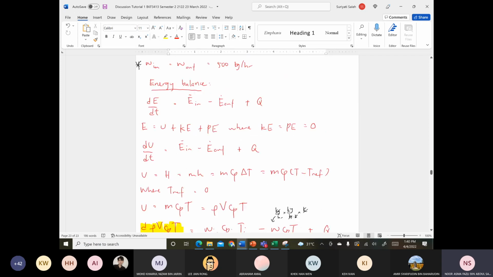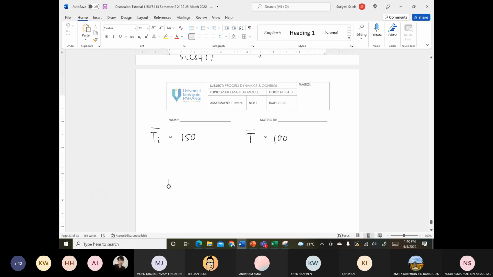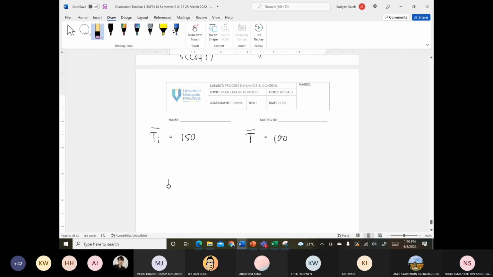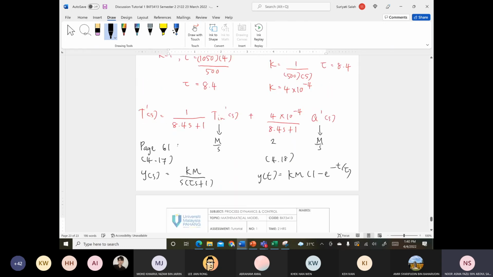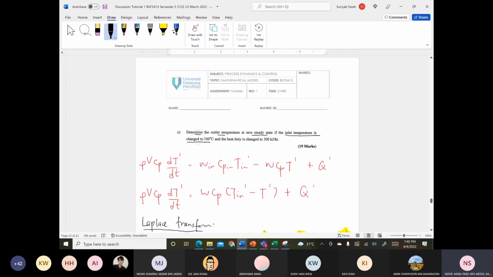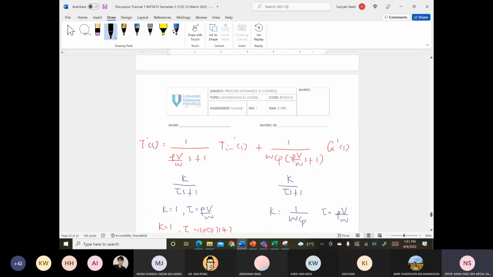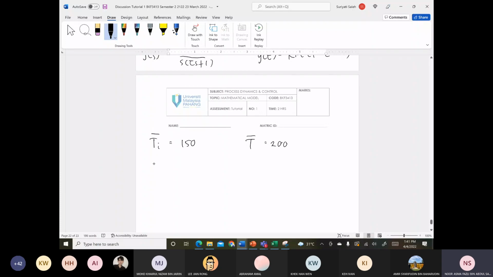Oh, 200, sorry. All right, and then the question: the inlet temperature Ti is changed to 100.